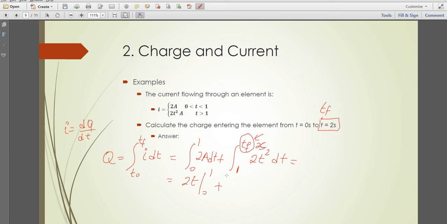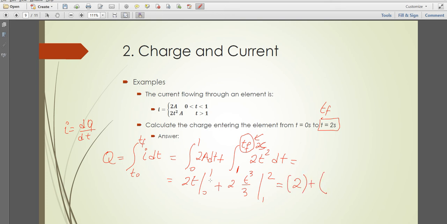You have to be familiar with integration and derivation. And between 1 and 2. So if you do this calculation, 2 times 1, which is 2, minus 2 times 0, and plus, that's the first part.